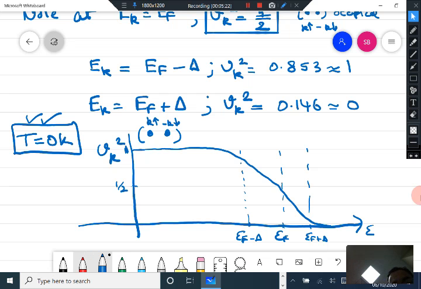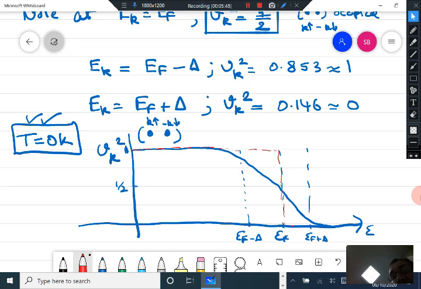Now if I draw on this the Fermi-Dirac distribution for single electrons at 0 temperature, you remember that the Fermi-Dirac distribution is basically going to be 1 up to the Fermi energy and then drop to 0. This is because up to the Fermi energy everything is occupied.